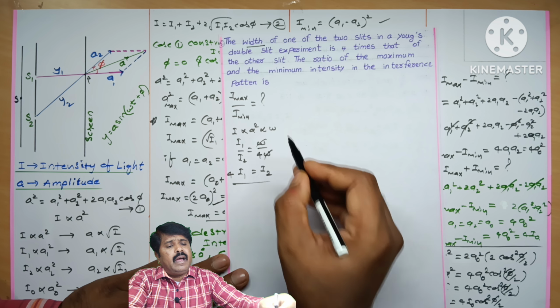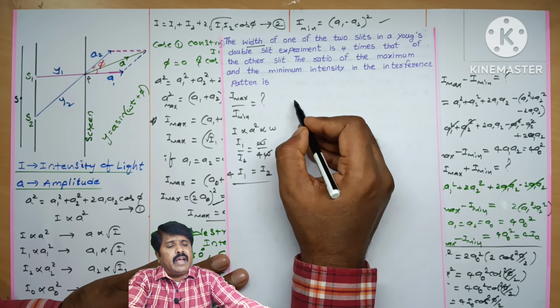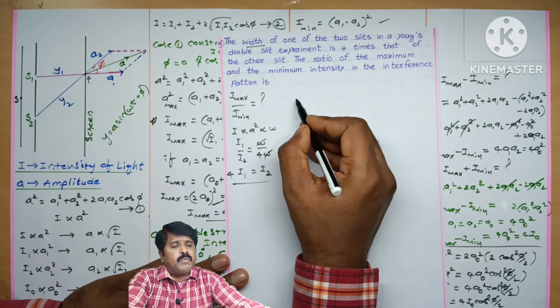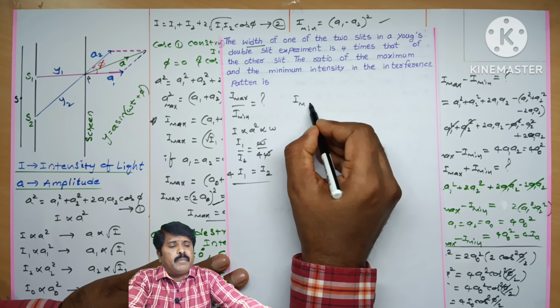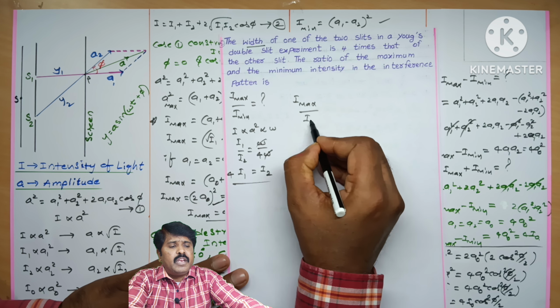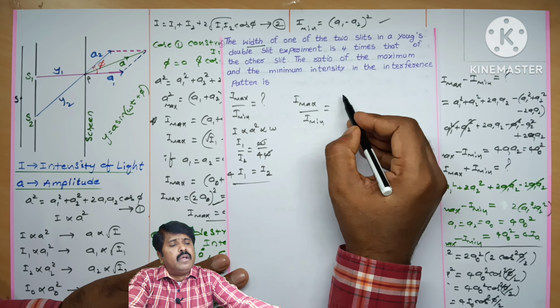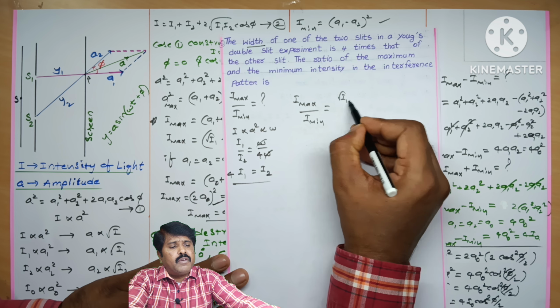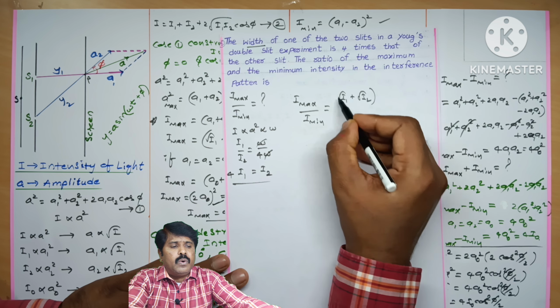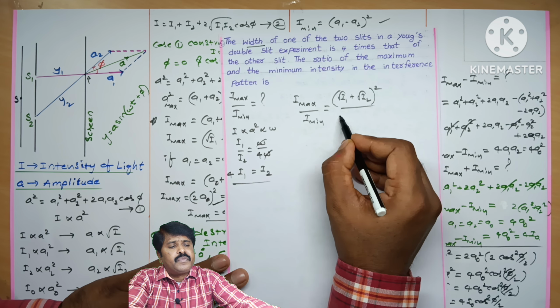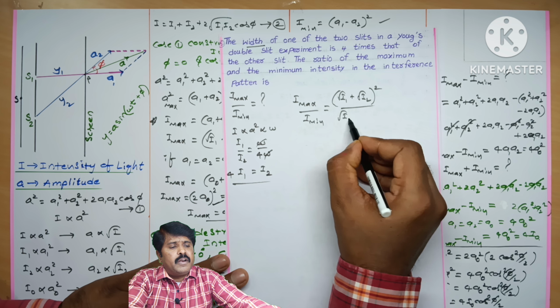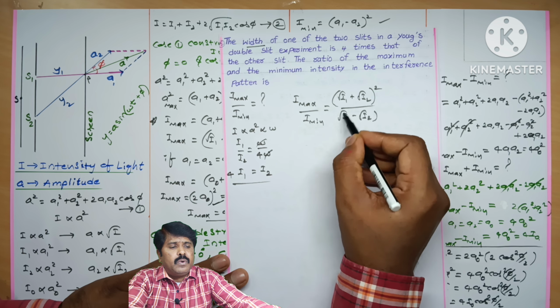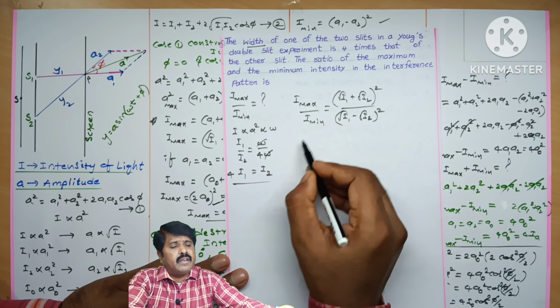Okay student, and then continuing, I max divided by I minimum, I am going to write I max divided by I minimum which is equal to, the equation is root I1 plus root I2 whole square divided by root I1 minus root I2 whole square for the minimum intensity.